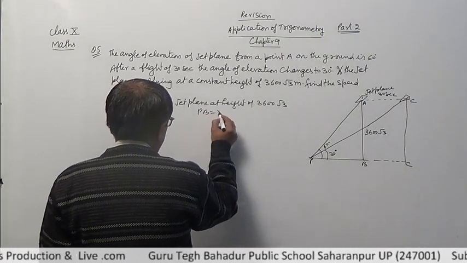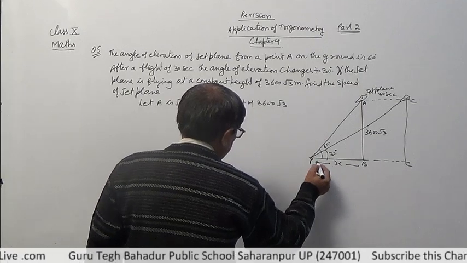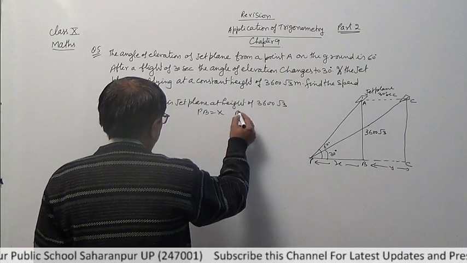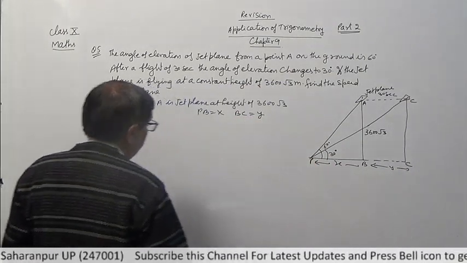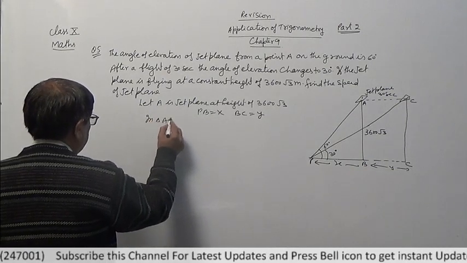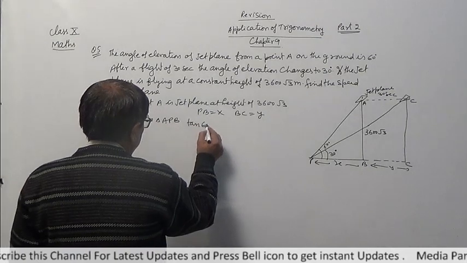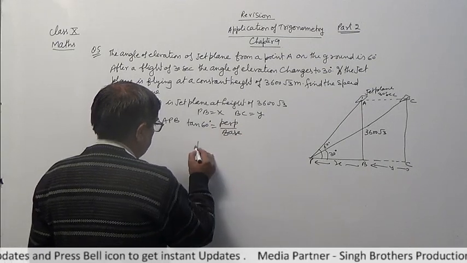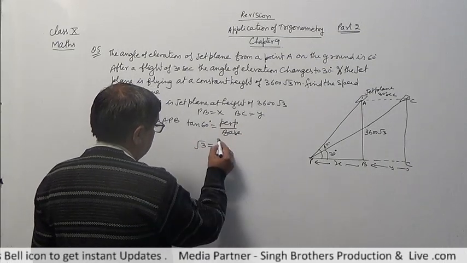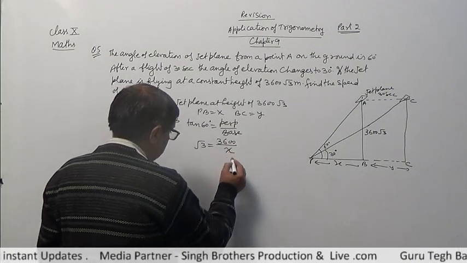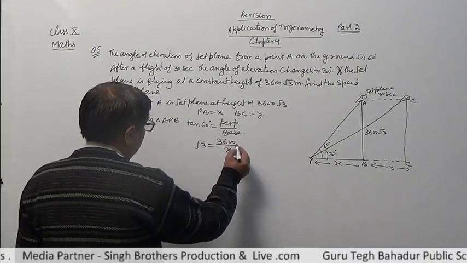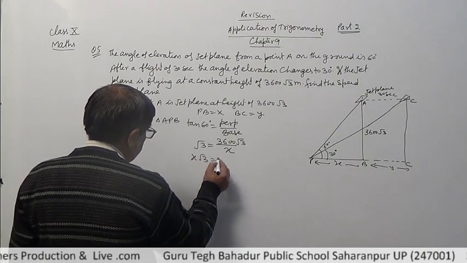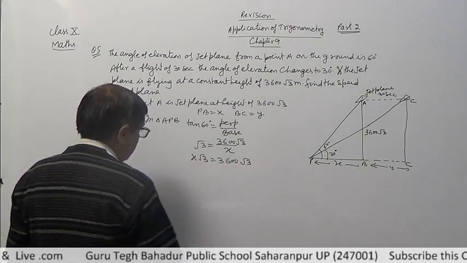PB is equal to X and BC is equal to Y. In triangle APB, tan 60 is perpendicular upon base, root 3 is equal to 3600 root 3 upon X. X root 3 is equal to 3600 root 3.